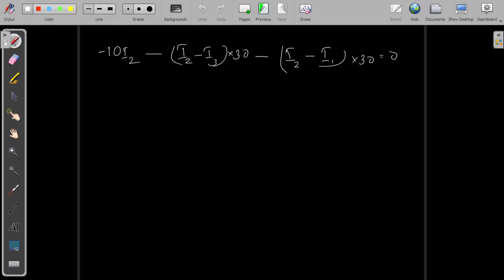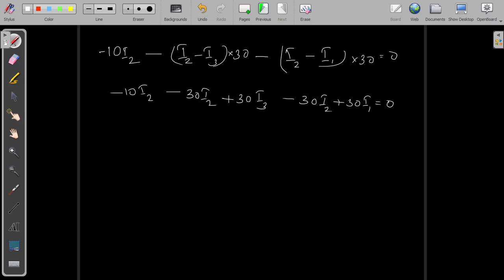This is my equation. So again I have minus 10 I2 minus 30 I2 plus 30 I3 minus 30 I2 plus 30 I1 equal to 0.